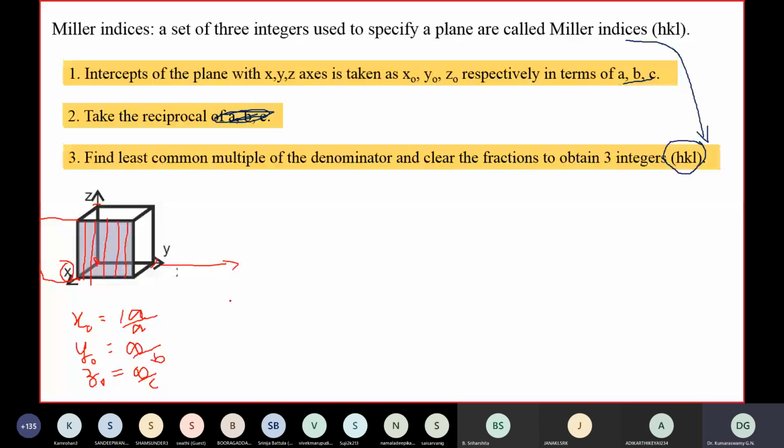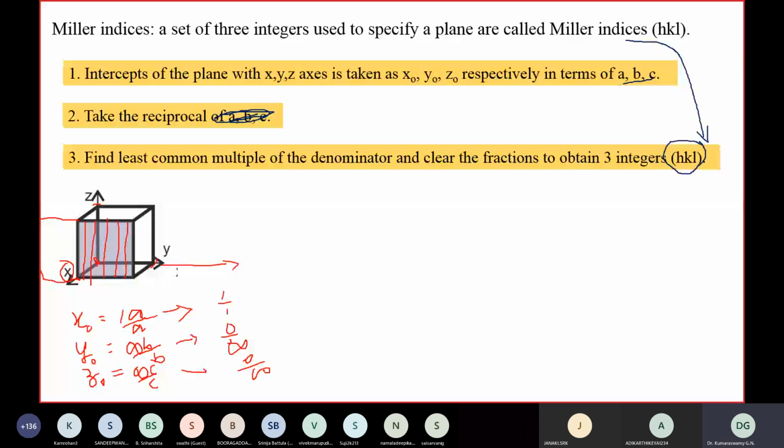What is the next step? Take the reciprocal. When we take the reciprocal, we get 1 by 1 here, and this is 0 by infinity, and this is again 0 by infinity.